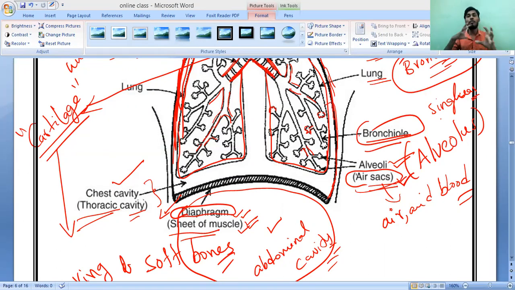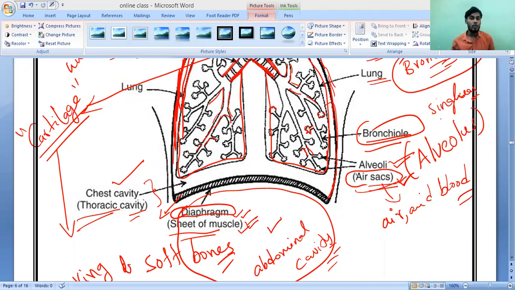The exchange of oxygen from the air and carbon dioxide from the blood, both interchanging, takes place at where? Alveoli. So alveoli is the place where the gaseous exchange takes place. That is what you should write.